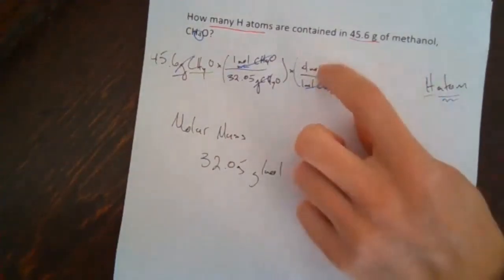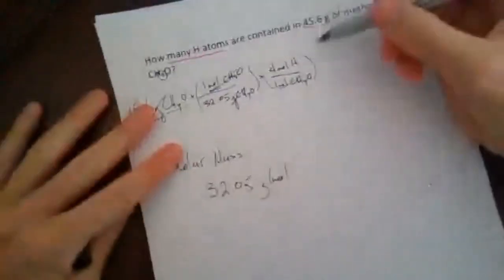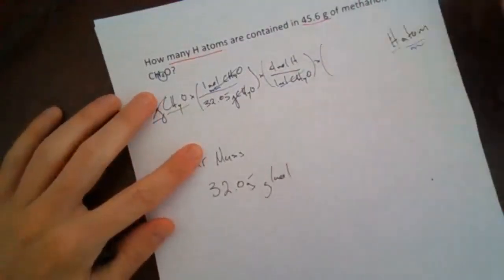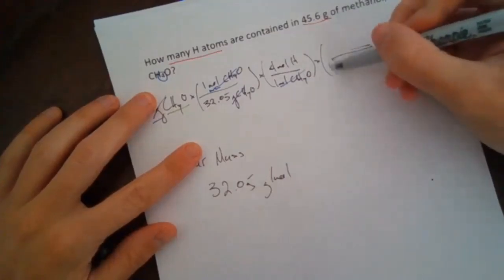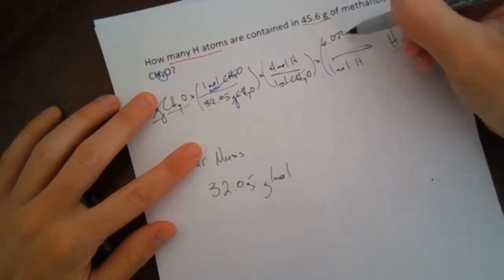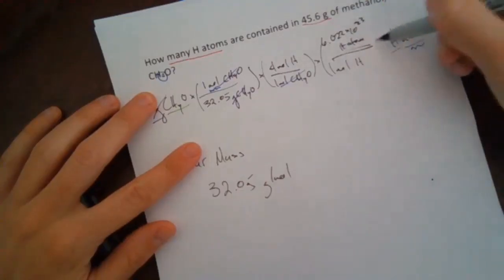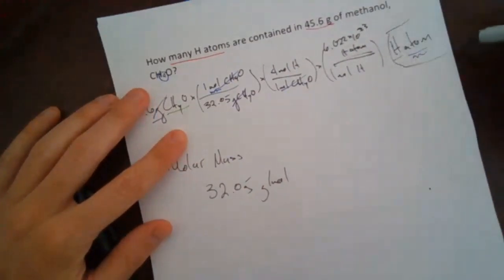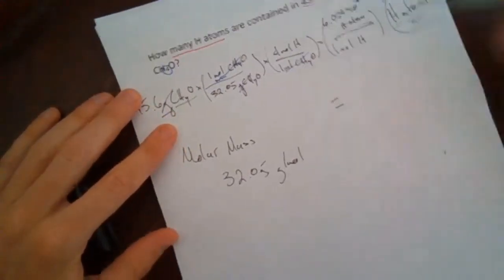This is still a count by group. I want individuals. In order to do that, I know that I need to use Avogadro's number. We're going to run out of room, but that's okay. 1 mole of H is 6.022 times 10 to the 23rd H atoms. So bin that one off. Common theme: this was a long problem, lots of space.